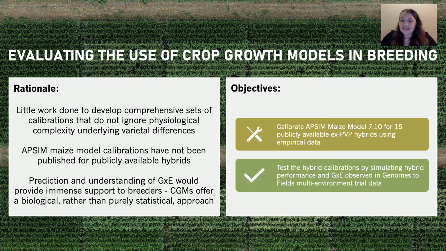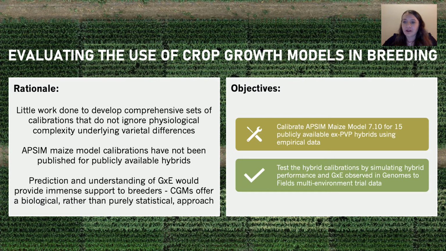And of course, this lack of calibration sets is mainly due to labor constraints associated with obtaining the in-season data needed to derive cultivar-specific parameters. Something that I believe, though, will become less of an issue with advances in in-field, in-season high-throughput phenotyping, but admittedly is a huge limitation when talking at the scale of a breeding program.